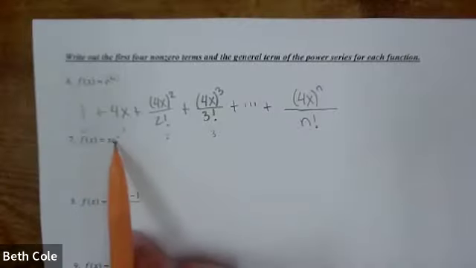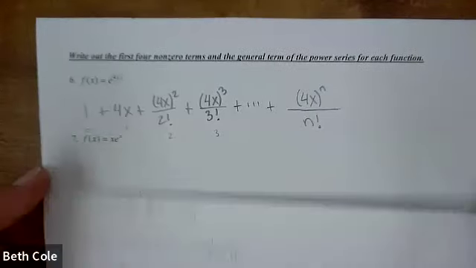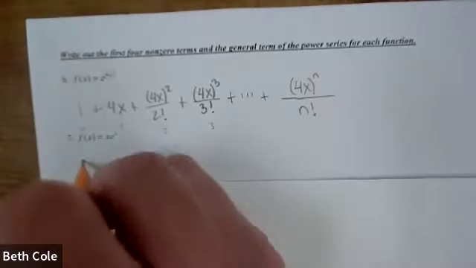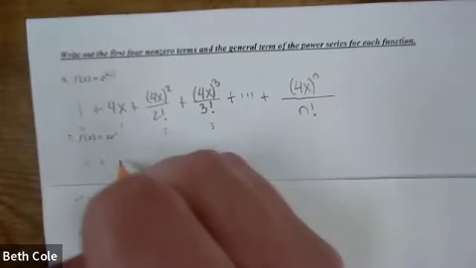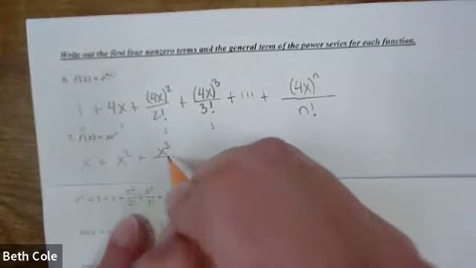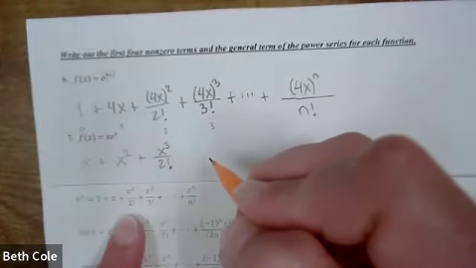So this one, you're going to take your e to the x power series, and you're going to multiply every term by x. So you're basically just distributing an x into this. So it'll be x plus x squared, good, plus x cubed over 2 factorial. I hate when it doesn't match like that. That bothers me so much.